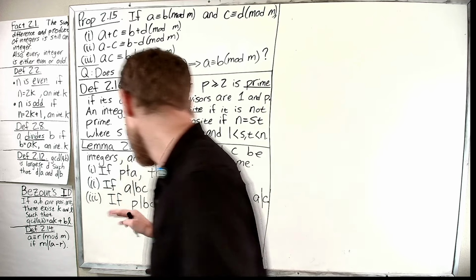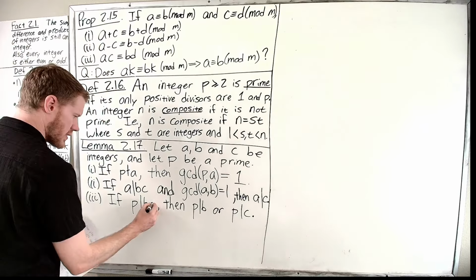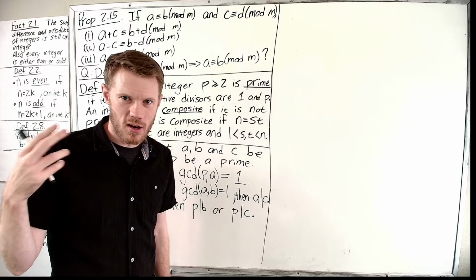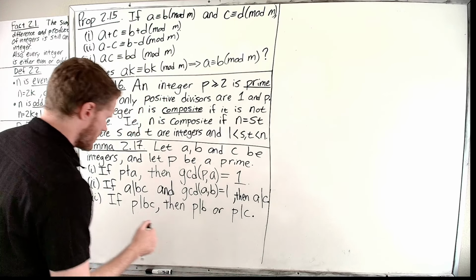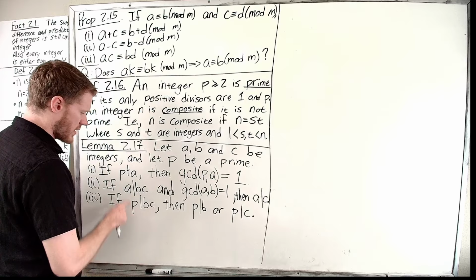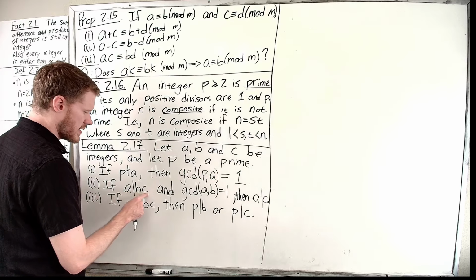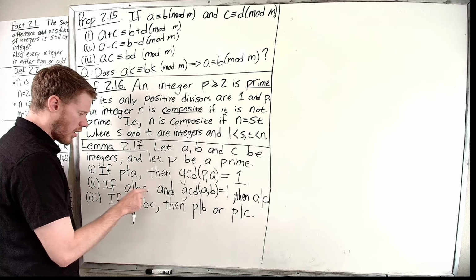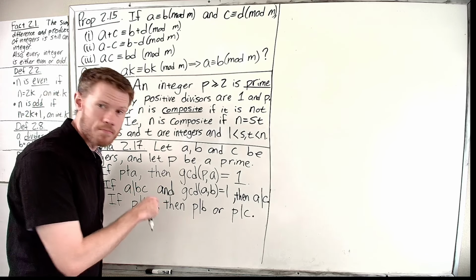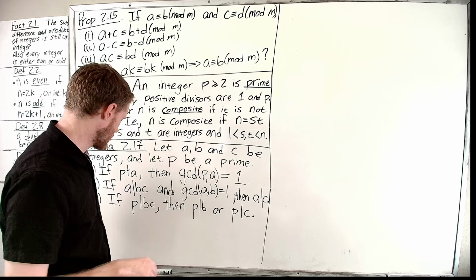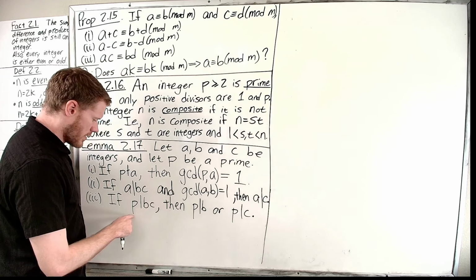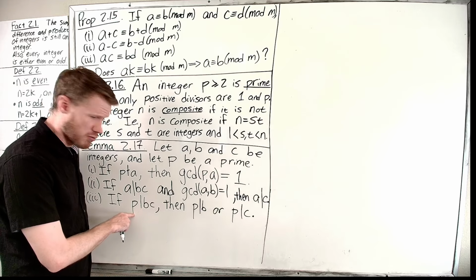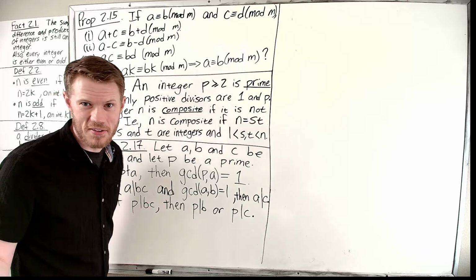Okay, so if P divides B times C, a product of 2 integers, then it must divide one of them. And thinking about our primes earlier, this makes sense. Remember, when A divides B and C, it means that all the primes within A are within B and C when you put them together. That same logic applies here, but since you have a prime, there's only one prime inside of it, right?